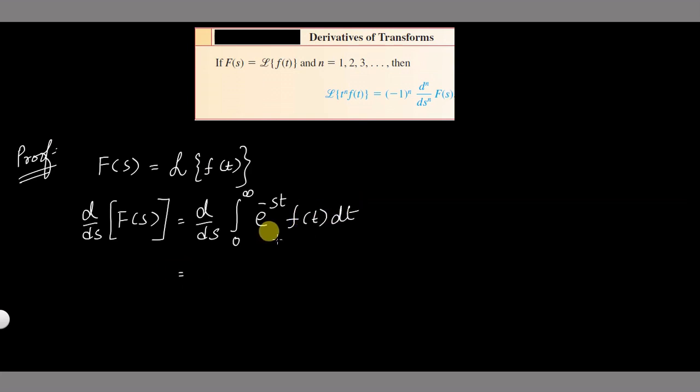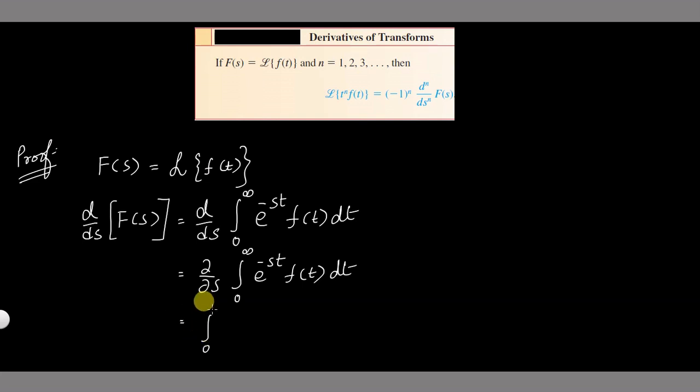Now, since there are two variables involved in this equation, this d over ds will be converted to partial over partial s. So the integral of e raised to the power minus st f of t dt.